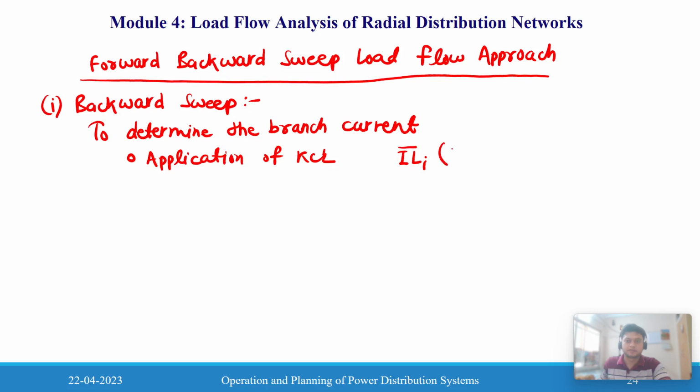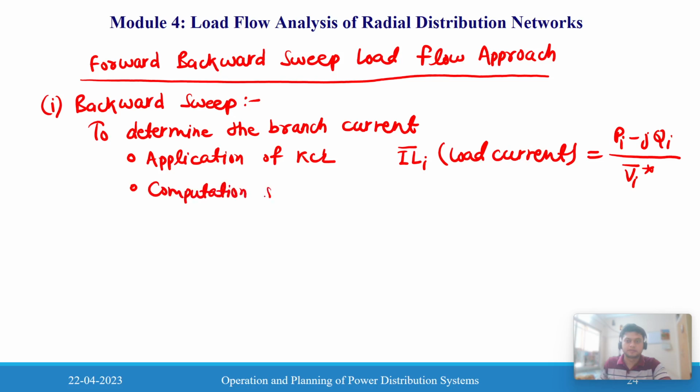Load current is found as (P_i minus jQ_i) divided by V_i conjugate. It always starts from the end nodes or terminal nodes, and this needs more computation.